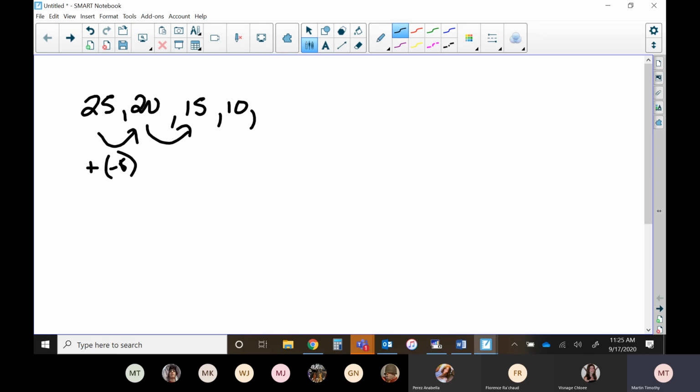You can do it. It's still adding. It's adding a negative number. Okay, so we always do arithmetic sequences by adding, and the number that you add to get to the next one is called the common difference. And we represent that with a D. This really means common difference.